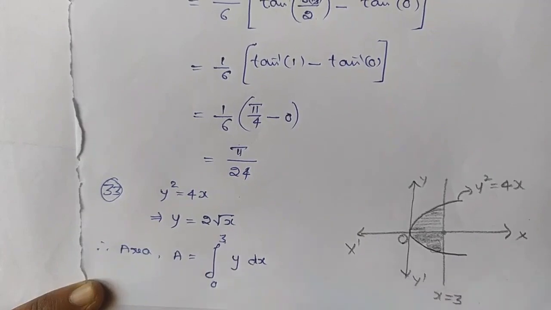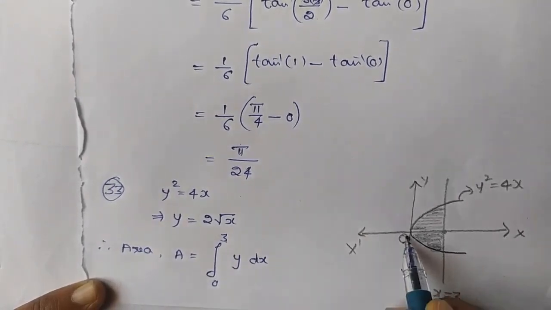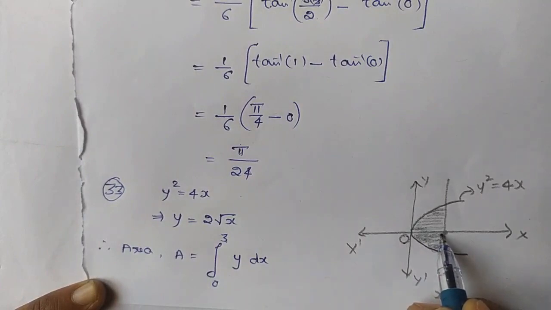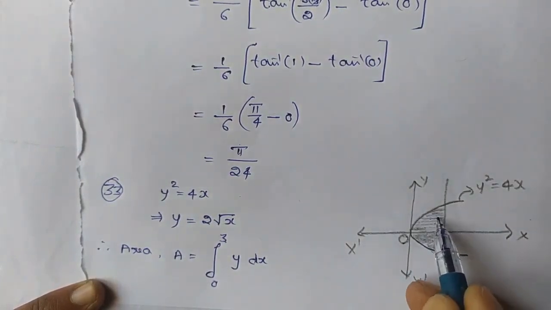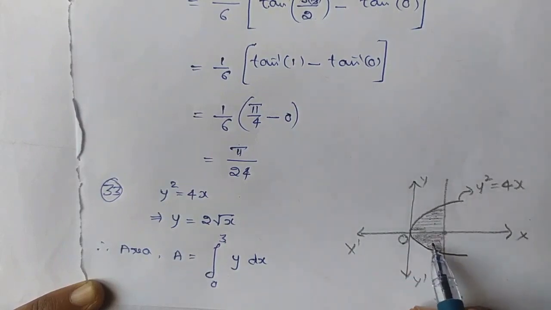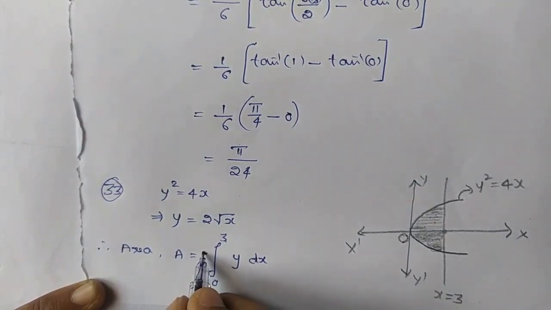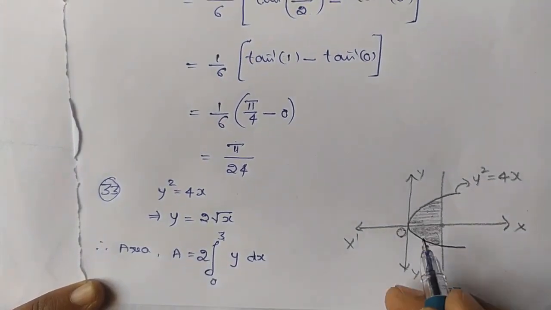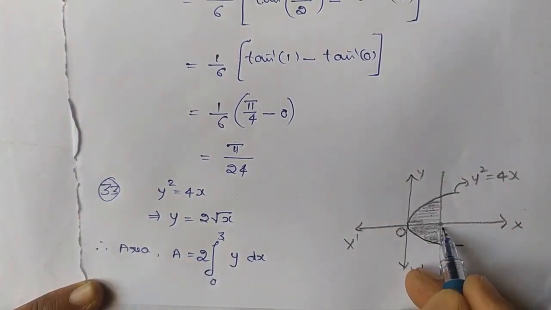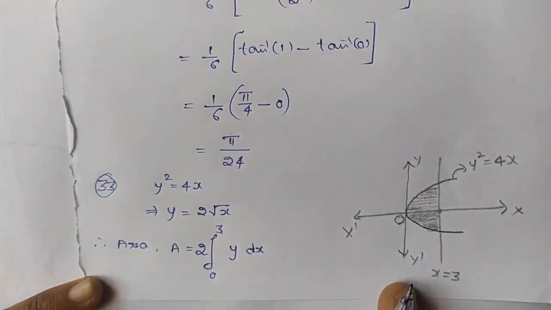Here it will be y dx. The integral from 0 to 3 of y dx is nothing but this area, but we want this entire area, so we need to take two times the integration from 0 to 3 of y dx. Okay, understand?